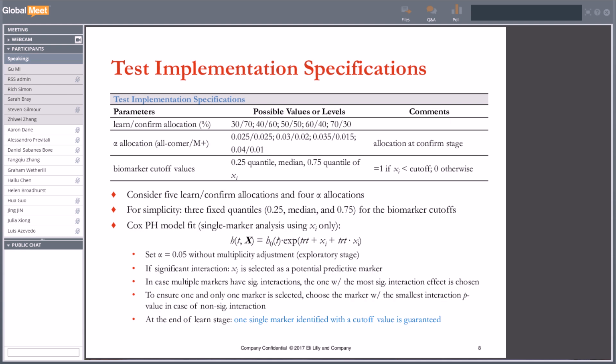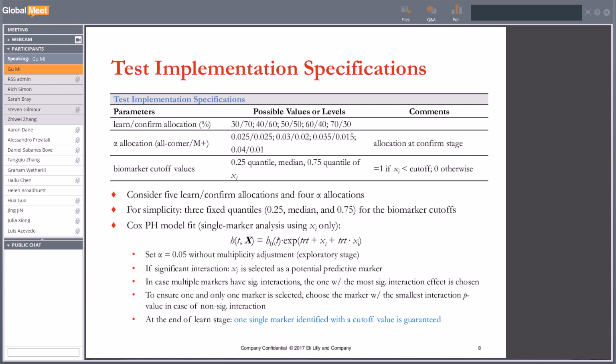So for simplicity, 3 biomarker cutoffs to identify the marker positive patients were defined by the first quantile, the median, and the third quantile. If any biomarker is less than the cutoff, we assign it 1, otherwise 0. At the learn stage, a Cox proportional hazards model is fitted using a single marker only, with both the main effects and treatment by marker interaction in the equation.